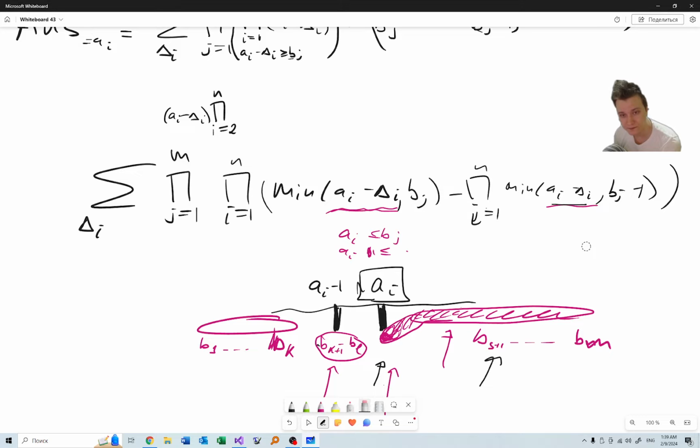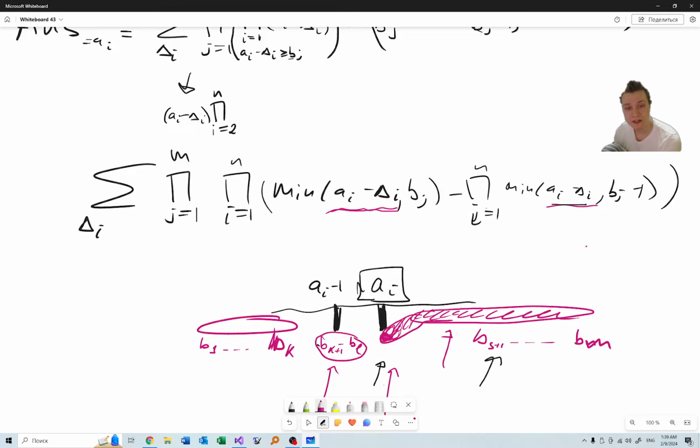So actually, even for b which is equal to ai, it's still true that we can move it out of this product sign.